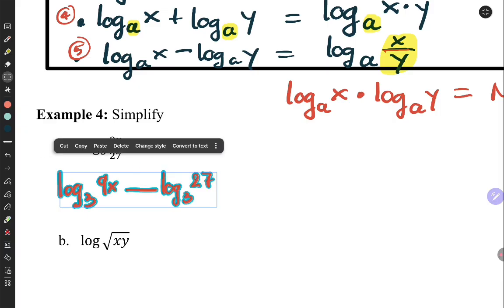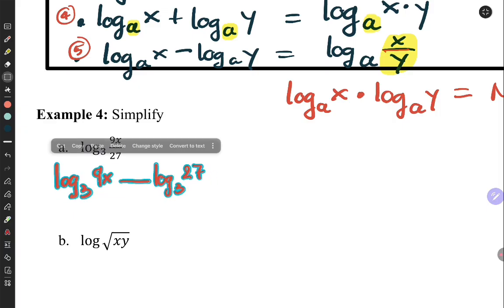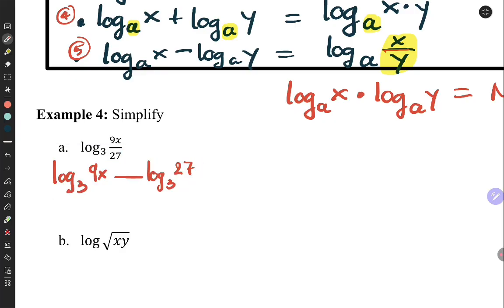So maybe smaller. 9 times x will become a product, becoming an addition. One more time, same base, 3. Minus base 3.